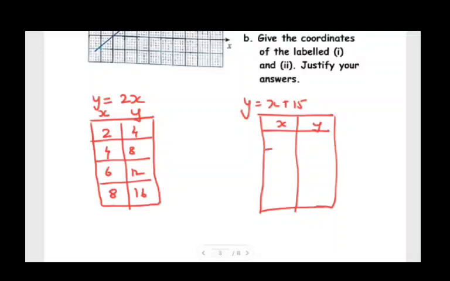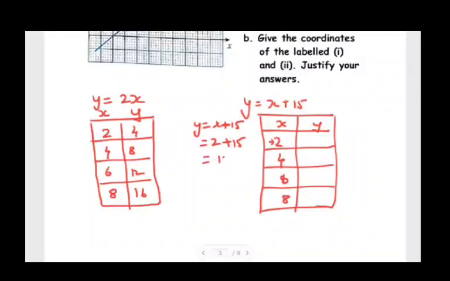X and y. 2, 4, 6. So 2, 4, 6 and 8. So simple. Y is equal to x plus 15, right? So if x is 2, plus 15 gives me my y value, which is the number of dollars, is 17.